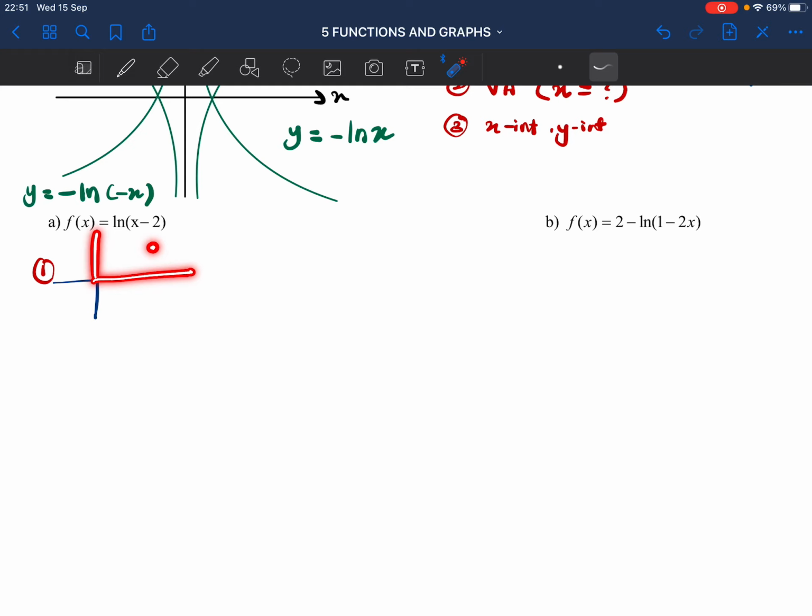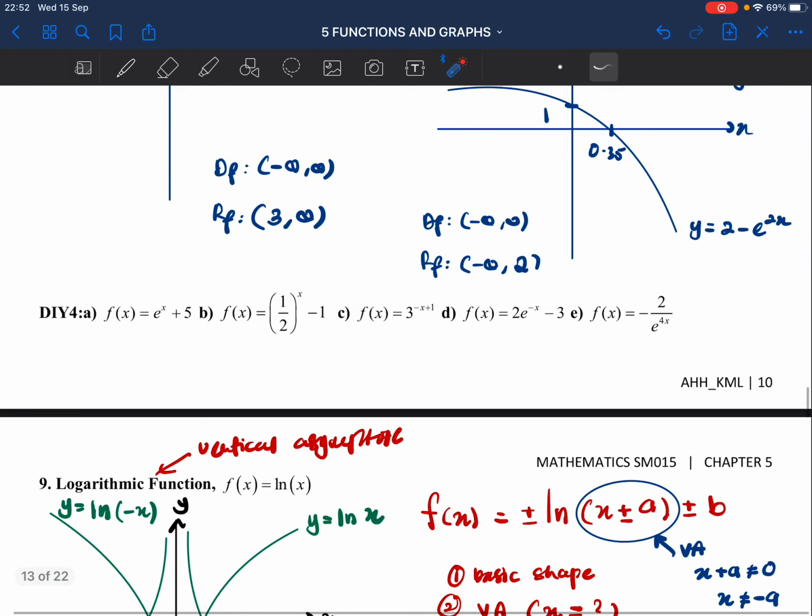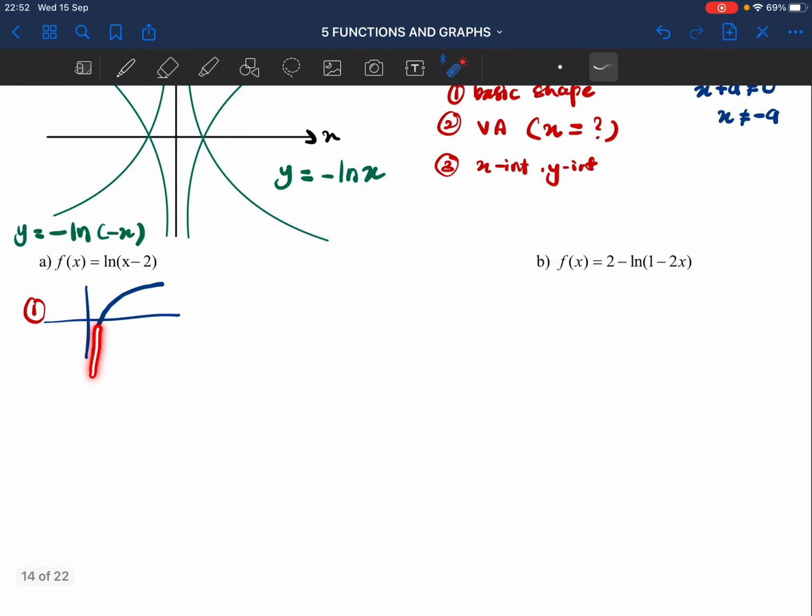Log function ada vertical asymptote, so dia akan pergi daripada kuadran 1 ke vertical asymptote kita. Okay, so the graph should be looking something like this. Kalau exponent tadi kita ada basic shape dalam bentuk exponent macam ni. Kalau ln pula, dia ln lah. Kita boleh bayangkan dia sebagai L.